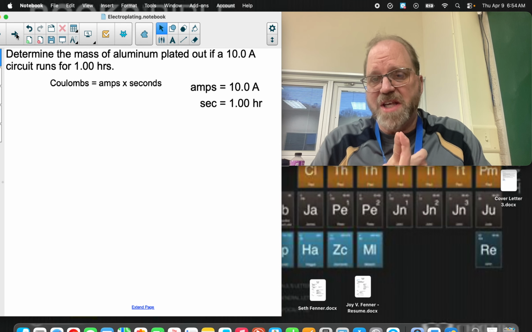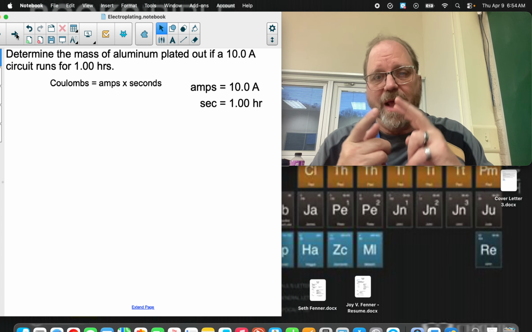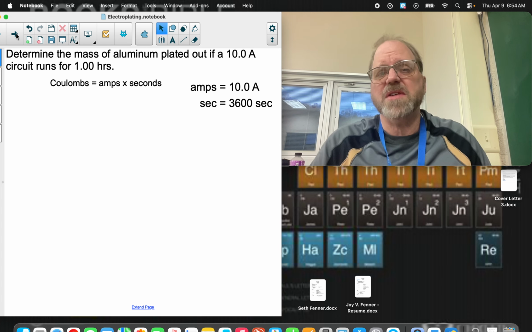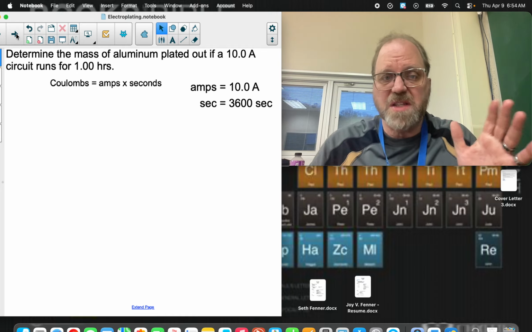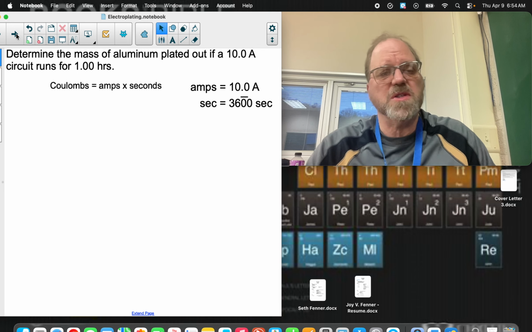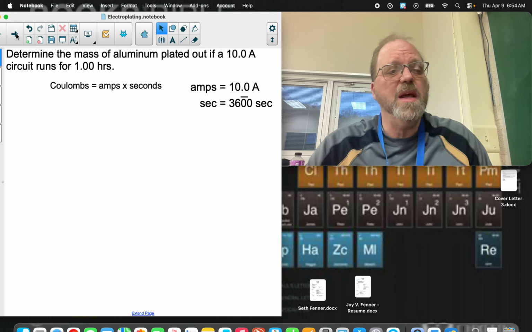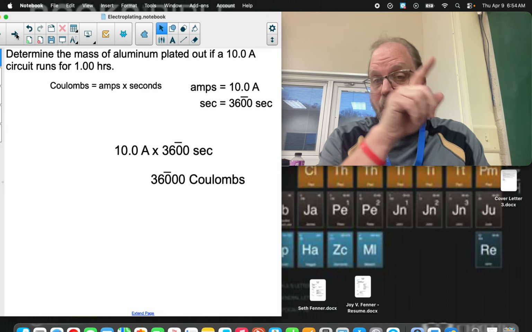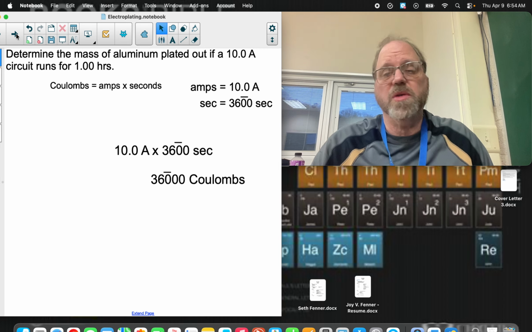Remember, 60 minutes is in an hour, and 60 seconds are in a minute. So 60 times 60 gives us 3,600 seconds, but sig figs aren't right. We need 3, so a bar goes on top of the 0 to make that 0 significant. So plug those in, 10.0 amps times 3,600 seconds, and we get 36,000 coulombs, with a bar on top of the first 0.